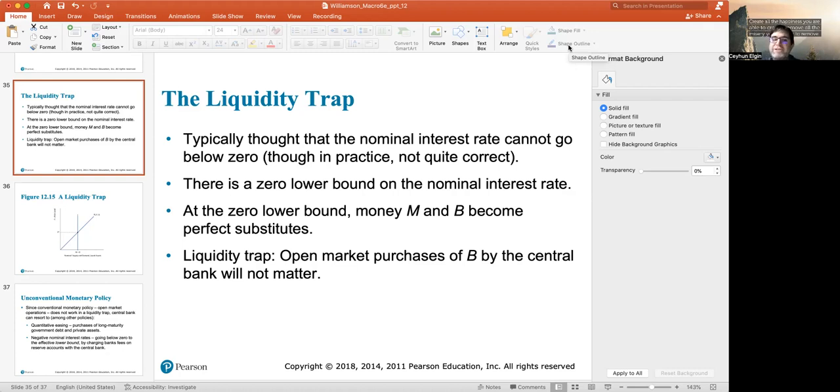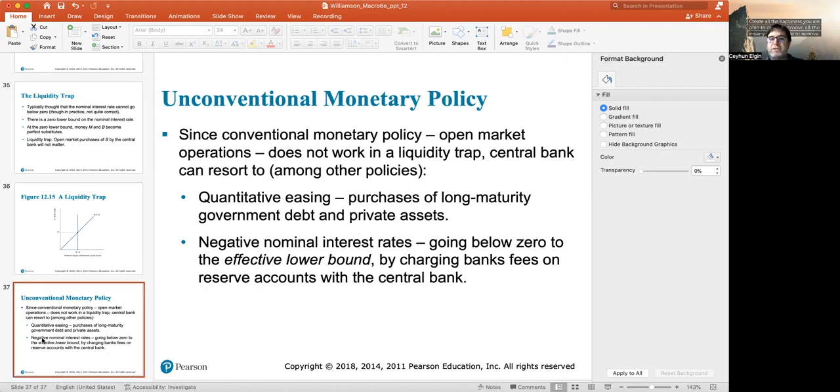This was the conventional view up until 2008 or so, that below the lower bound there is no more room for monetary policy to stimulate the economy. But this has changed drastically, especially after the 2008 global financial crisis, because central banks found new, unconventional, non-standard ways to still stimulate the economy, even if they have reached the lower bound.